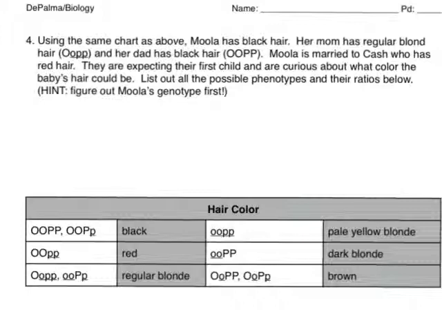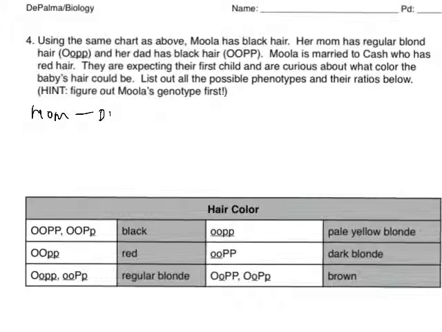So if you read through this problem, you find out this family's history. You've got Moolah, she's got some black hair, you've got mom, you've got dad, Moolah marries Cash, and you're trying to figure out what Moolah and Cash's offspring are. So the first problem is trying to decipher the problem. What I suggest doing when you get these family histories is give yourself a little family tree.